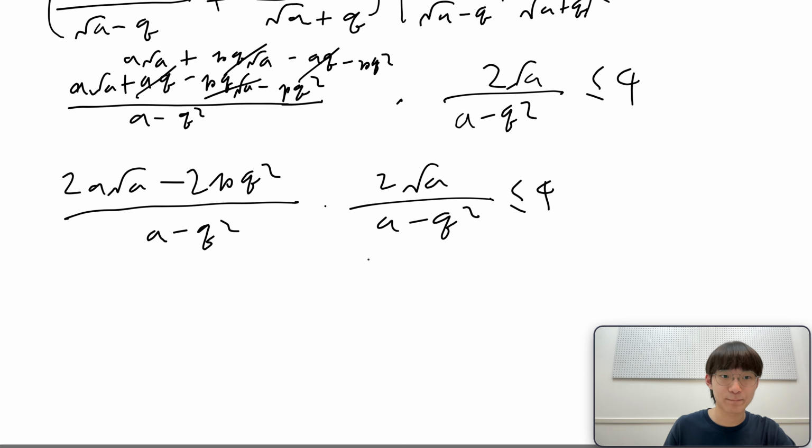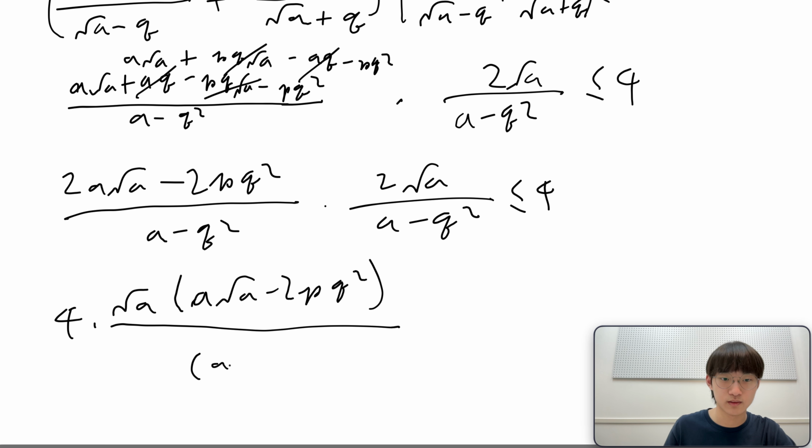Now, let's group them. So we get 4 times, because 2 times 2, root a. Let's take this first because it looks cleaner. Q squared is less than or equal to 4.